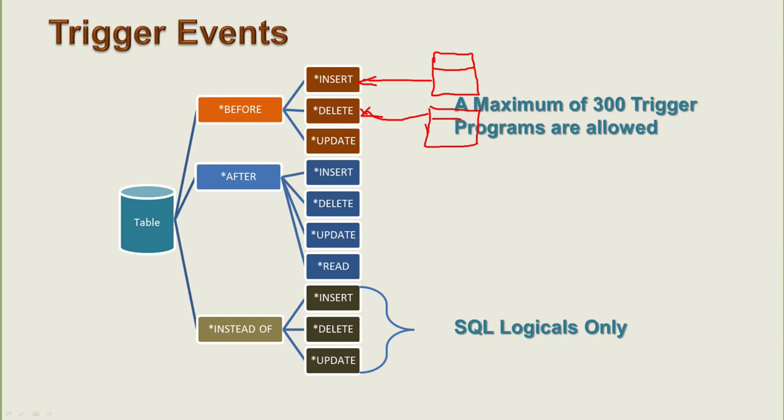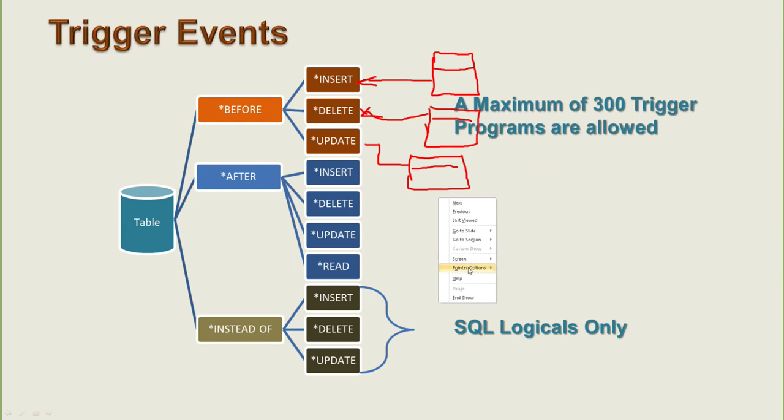Or mouse drawing, shall I say. And of course, you also have an update. So whichever is the event that has occurred or that has been requested by the client, the program associated with this particular before insert, delete, or update is actually called.